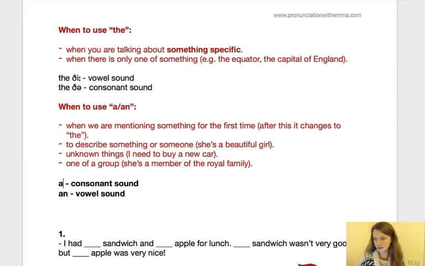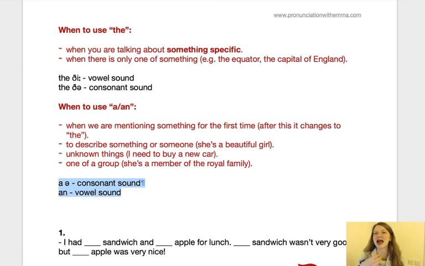The other one here, you have the weak form, so it would be with the schwa. Let me just grab that symbol. So here you have "a" table, a table. A lot of people, and it really bugs me, a lot of teachers teach it as "ay", really open as in apple, and they say "ay table".